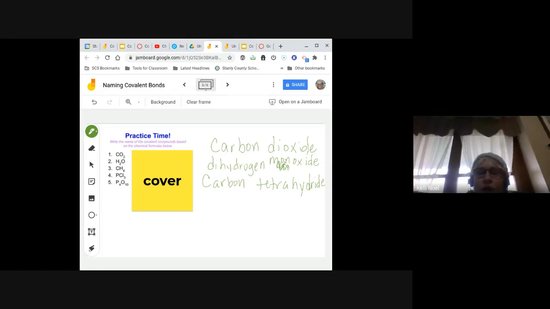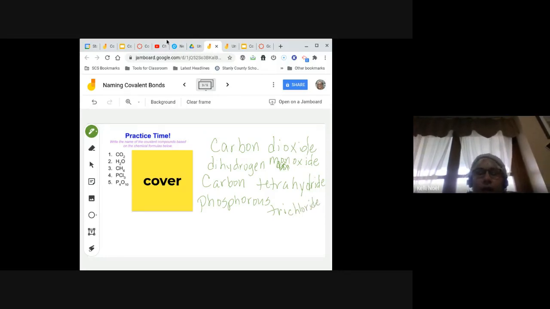We have PCl3, that's an L, not an I. So phosphorus doesn't have a number, so it's going to be phosphorus. Chloride or chlorine has a 3, so it's going to be trichloride because we have to change the ending.